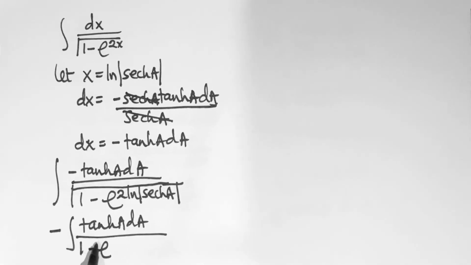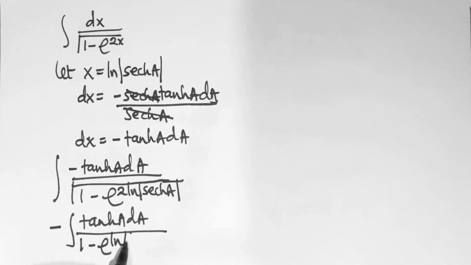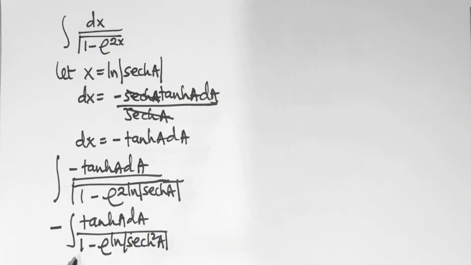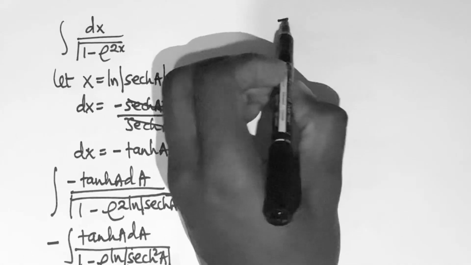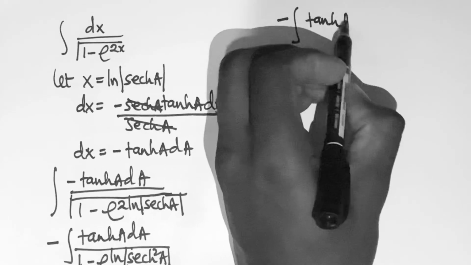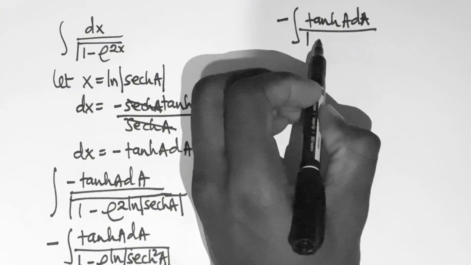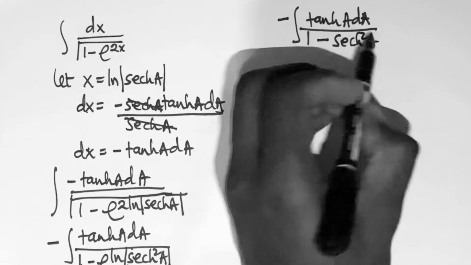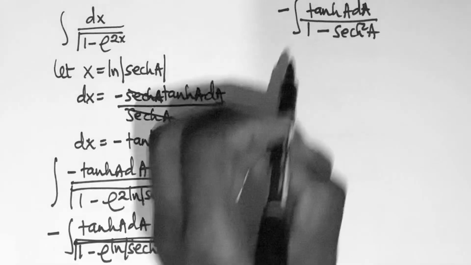I want to bring the 2 here, so it becomes natural log of absolute value of sec squared A. But exponent ln is 1, so this becomes minus integral of hyperbolic tan A dA, divided by 1 minus sec squared A. Sorry, but there is a square root here. I forgot the square root.